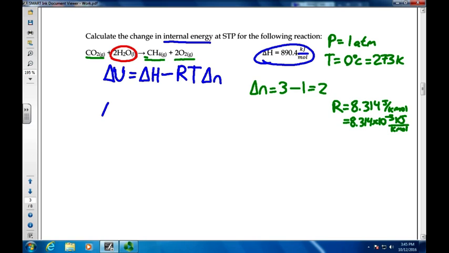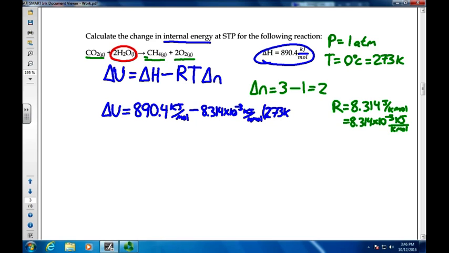So we can find that delta U is going to equal delta H, which is 890.4 kilojoules per mole, minus our gas constant, 8.314 times 10 to the minus 3 kilojoules per Kelvin mole, times our temperature, 273 Kelvin, times our change in moles, which is just 2.